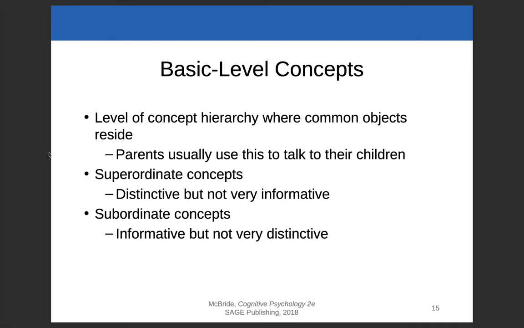These points where we discuss each category are what's referred to as a basic level concept, and that's where the basic common objects reside. The basic level objects are the things that we commonly refer to within a particular hierarchy on a day-to-day basis. So, for example, these are the concepts that we use when we're teaching kids about different things. We teach kids dog, horse, cat, pony, hippo, giraffe.